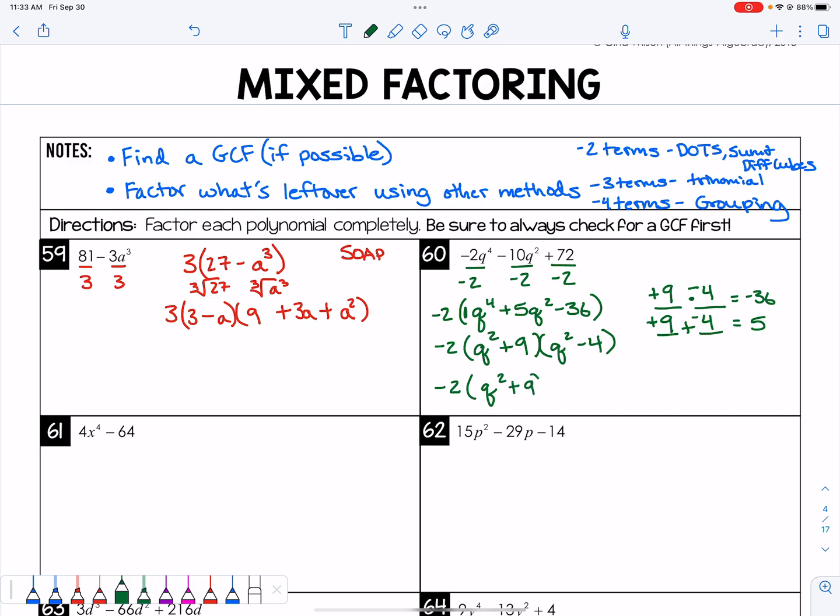I can't factor q squared plus 9 because that's a sum of squares. But I can take this binomial and do a difference of squares. So I need to say q would go in both, and then the square root of 4 is 2, and put plus or minus one of each. Now I factored it completely using all the methods that were appropriate. Okay, so hopefully that helps get you started with the mixed factoring section.